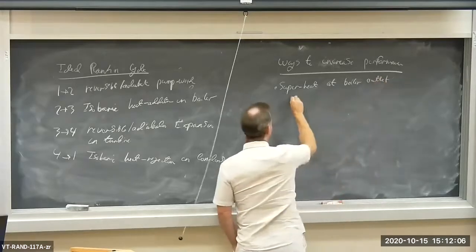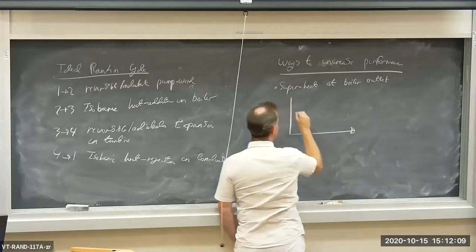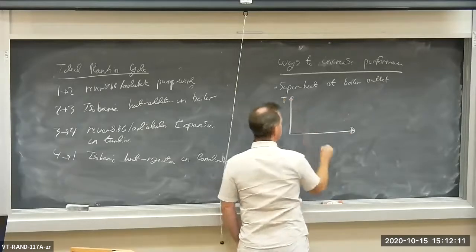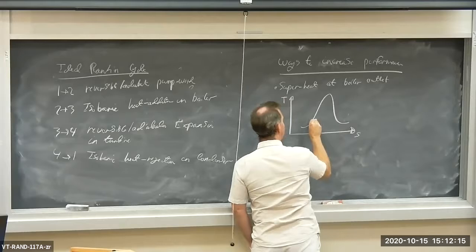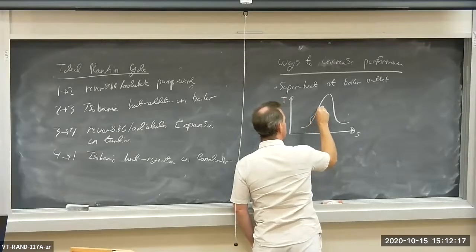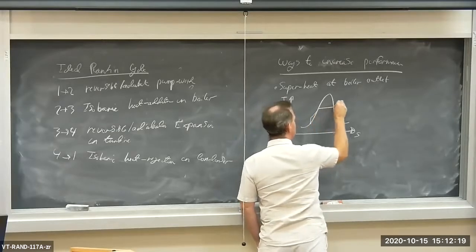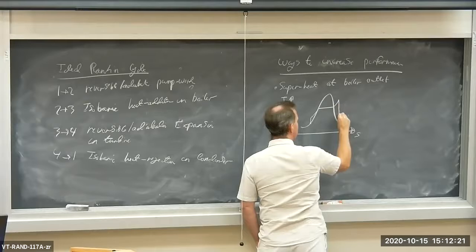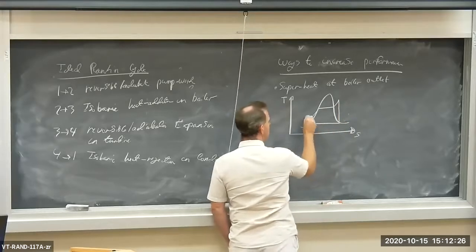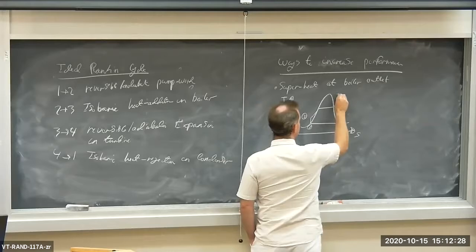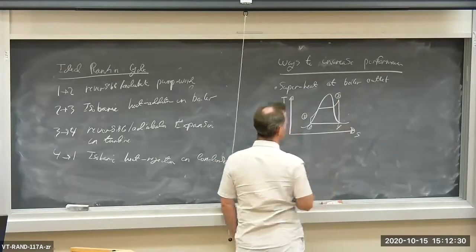So the TS diagram there, ideal cycle. The key here is to get out in the superheated vapor region. Okay, so here's 1, 2, 3, and 4.